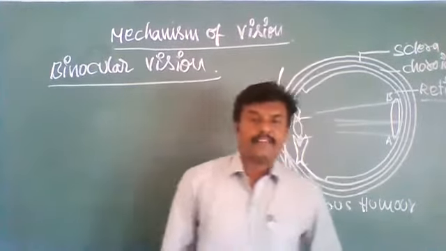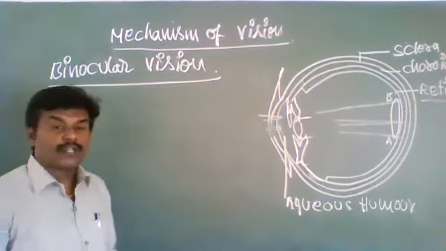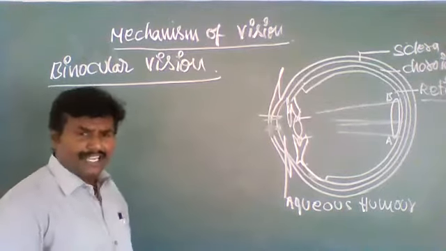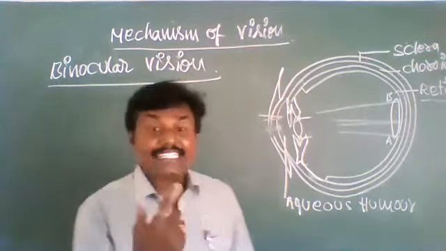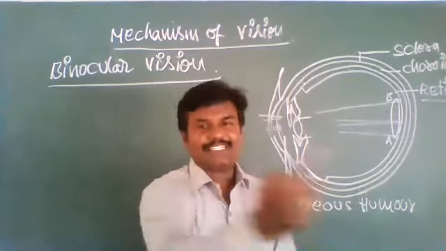The next topic is binocular vision. The region of the environment, from the surroundings, from which each eye receives light is called the visual field.